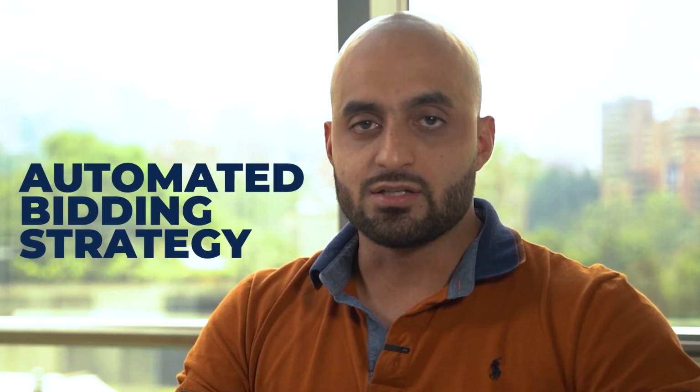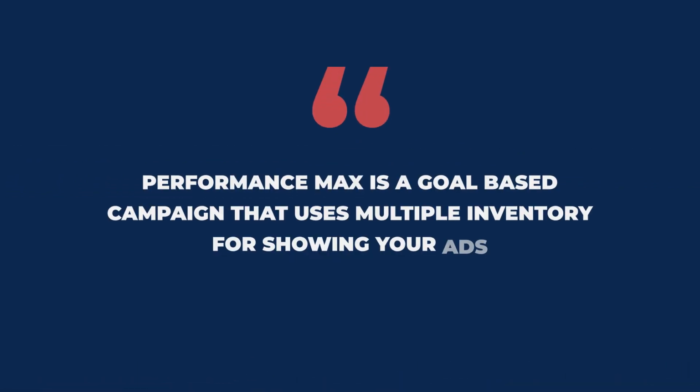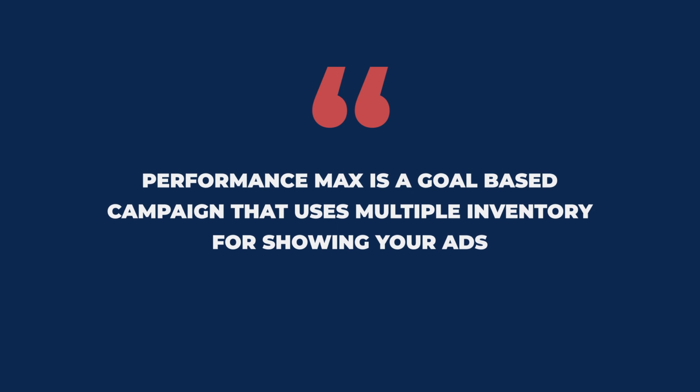But eventually you might want to experiment with Performance Max because it is an automated bidding strategy that does use up cross-inventory assets for your campaigns. So according to Google, Performance Max is a new goal-based campaign format that uses multiple inventory for showing your advertisements, right? So we're talking about YouTube, Discover, Search, as well as Display.